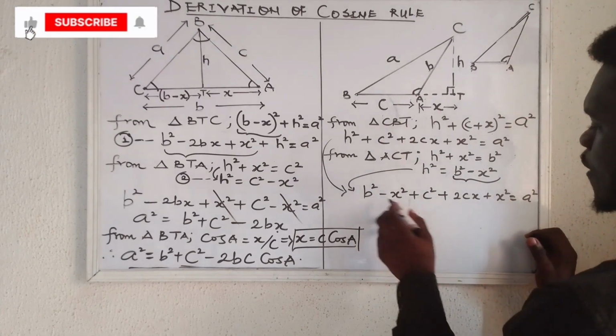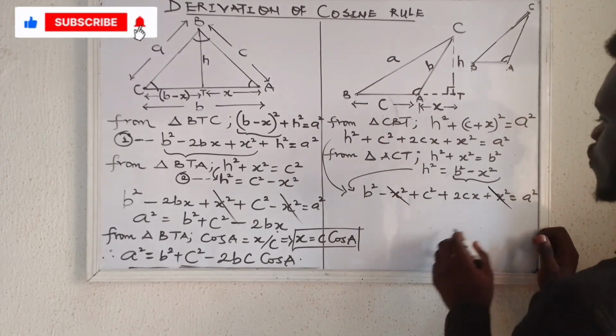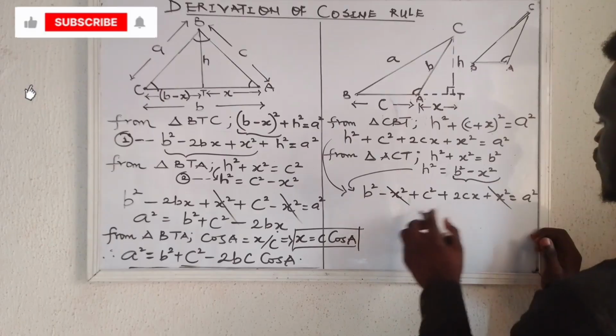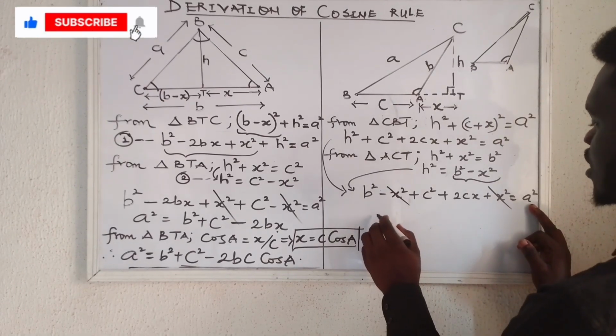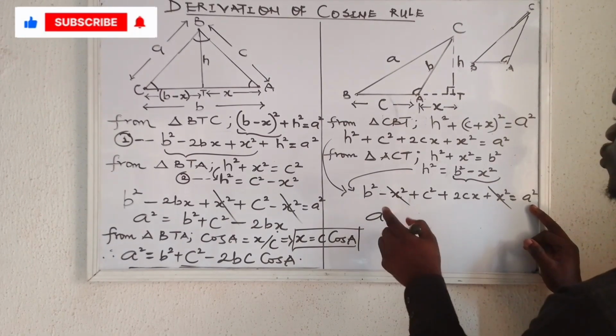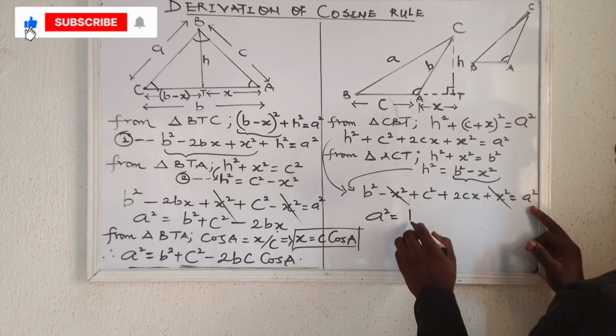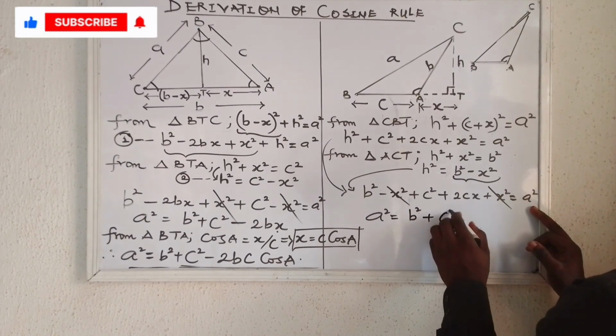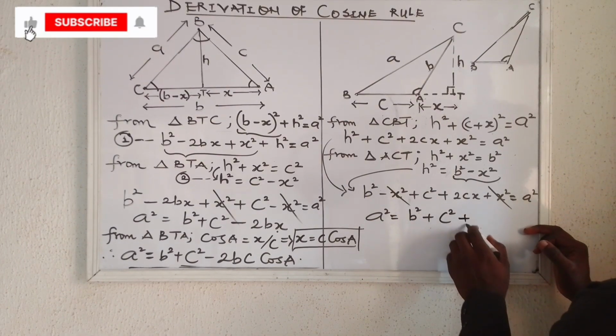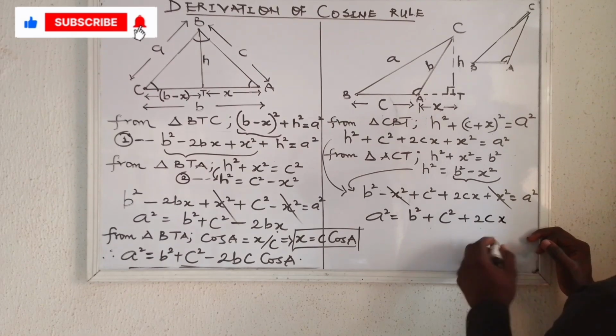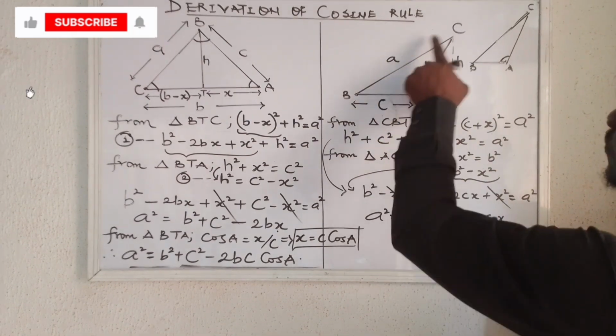So what happens here? You can see again that X squared eliminates. Then we finally have that A squared equals B squared plus C squared plus 2CX.